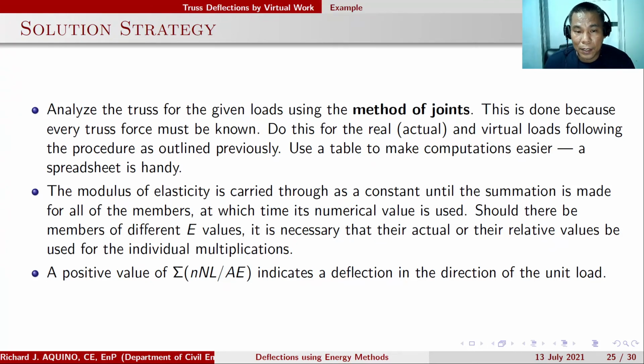The modulus of elasticity is carried through as a constant until the summation is made for all of the members, at which time its numerical value is used. Should there be members of different E values, it is necessary that their actual or relative values be used for the individual multiplications. A positive value of the summation of n N L over AE indicates a deflection in the direction of the unit load.